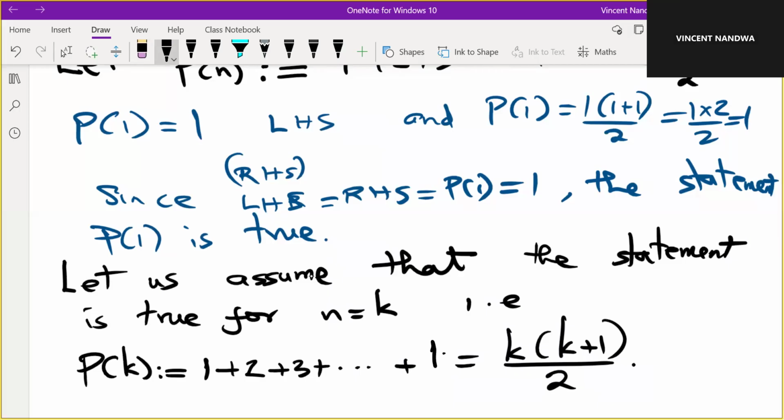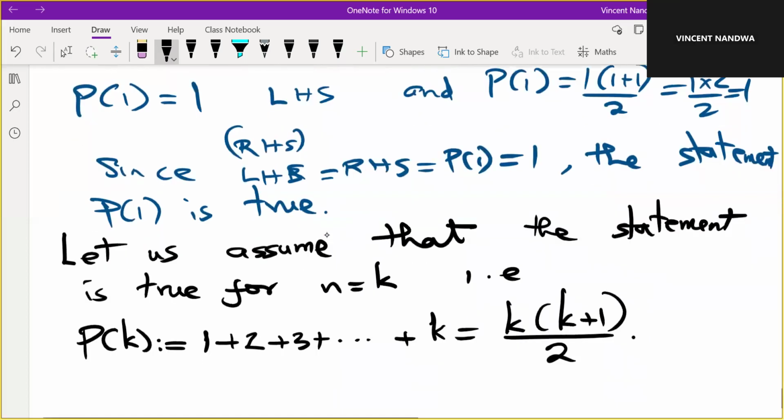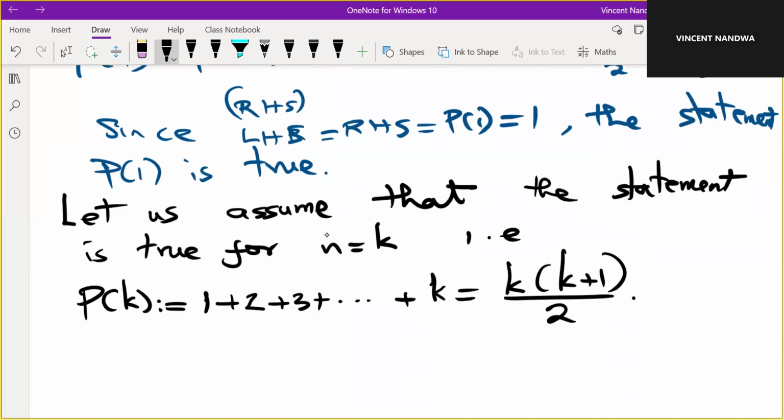Have you done that? Okay, good. So once we have assumed that P of k is true, what should we show? We need now to show that P of k plus 1 is true. If that is the case, then we'll be done.